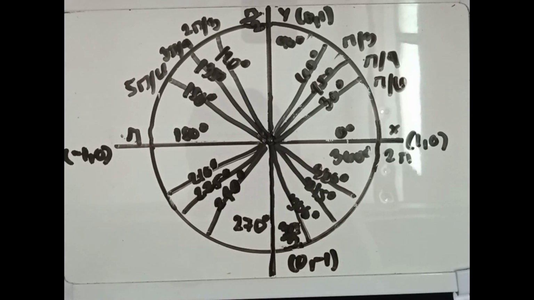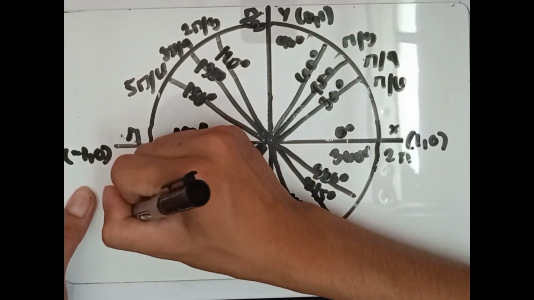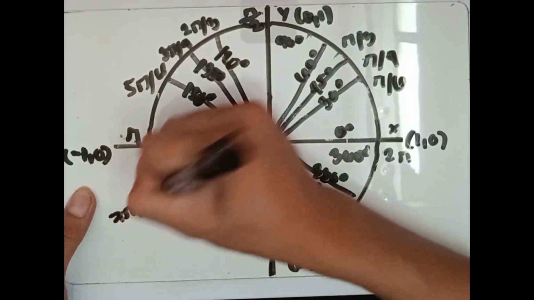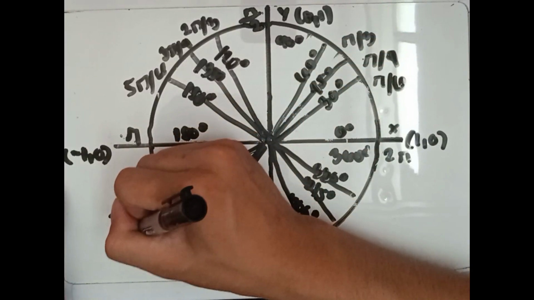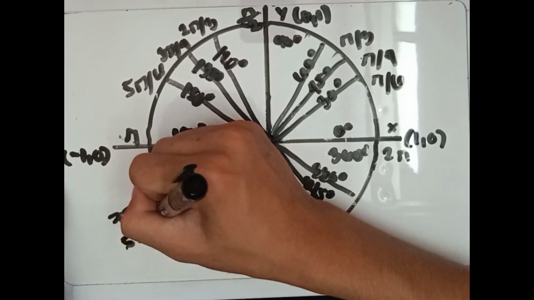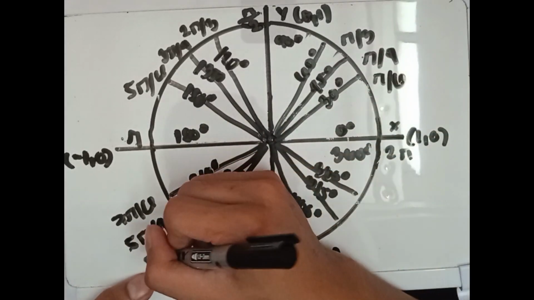Now let's move on to the third quadrant. The value in radians of 210 is 7 pi over 6. 225 degrees is 5 pi over 4. 240 degrees is 4 pi over 3.